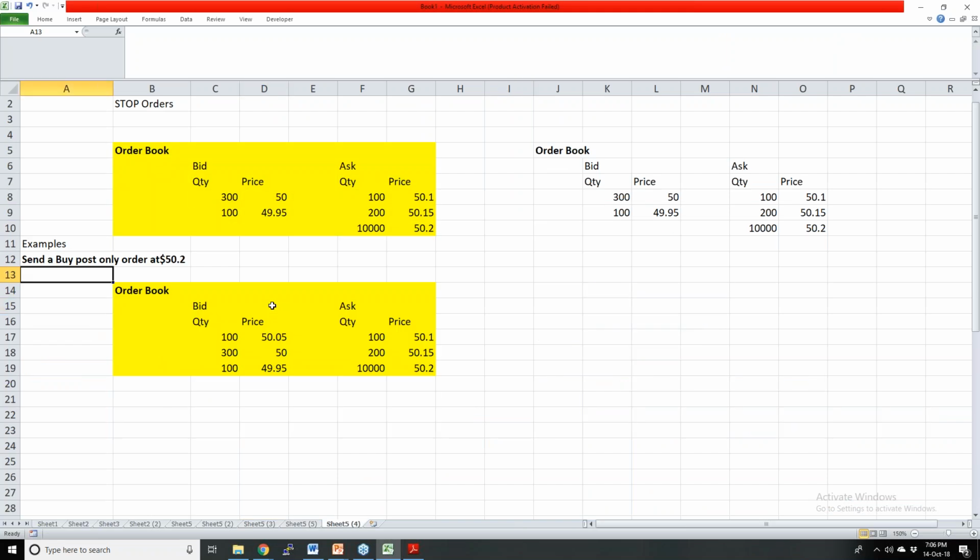If I send a buy post only order, it will reflect in the order book here. Once it is reflected in the order book, if somebody sends a sell order, it will get executed. The only thing is, post only orders don't get immediately executed. That's the only thing.